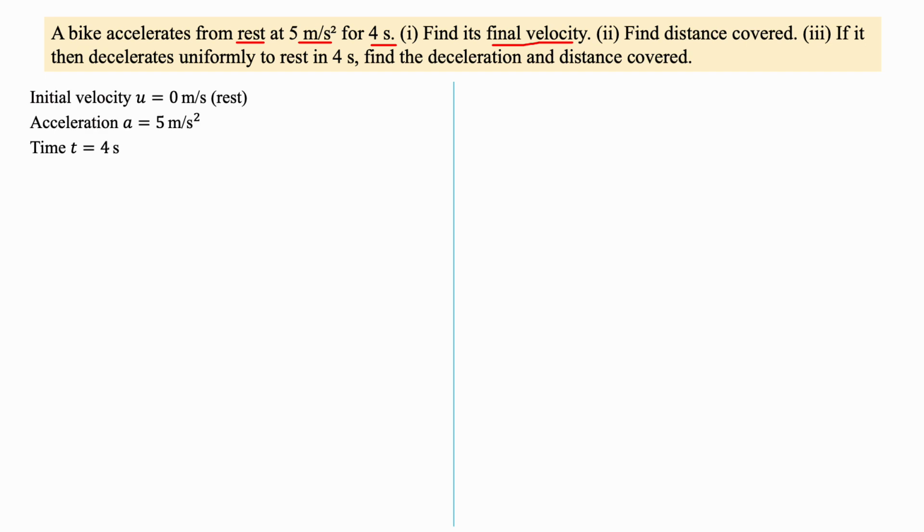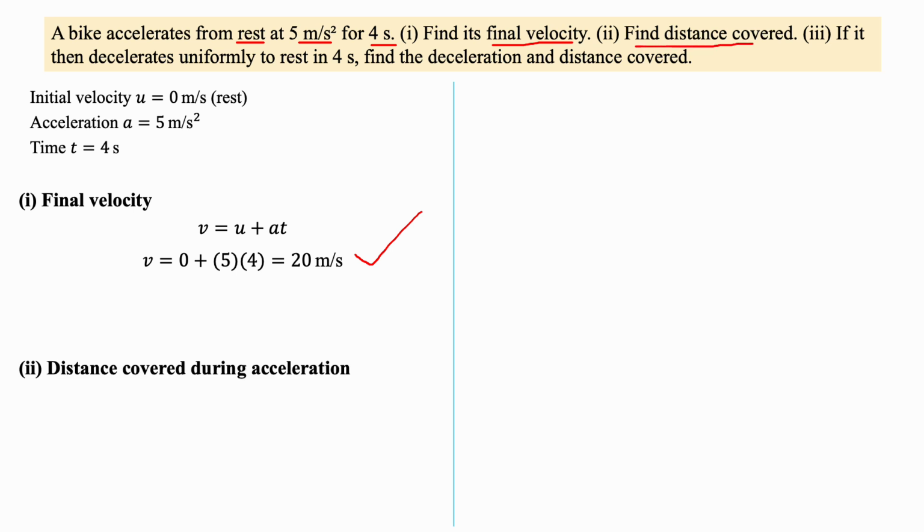We use the equation v equal to u plus at. Substitute the values of u, a and t and you will get final velocity after 4 seconds equal to 20 meters per second. Now we need to find the distance covered.